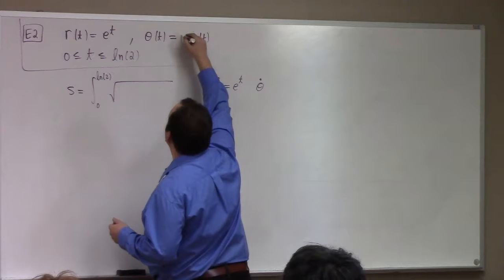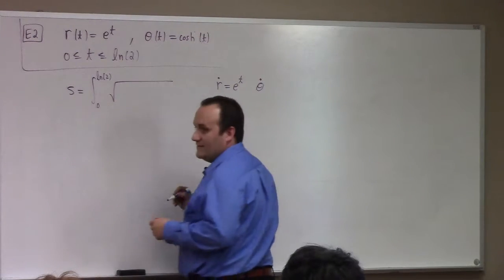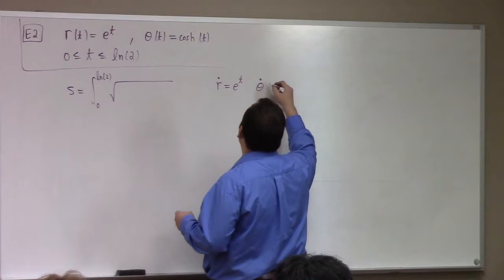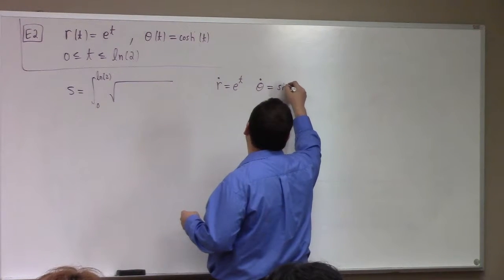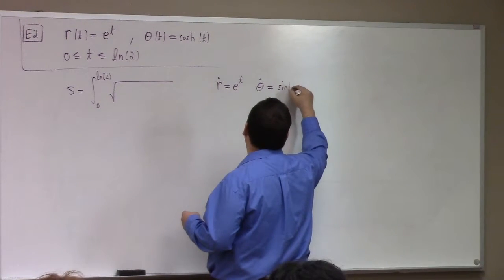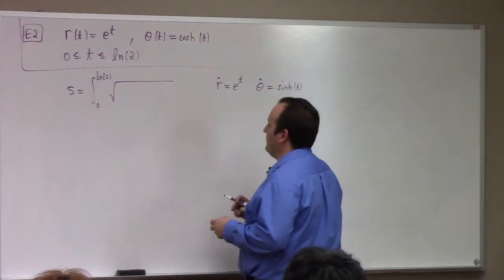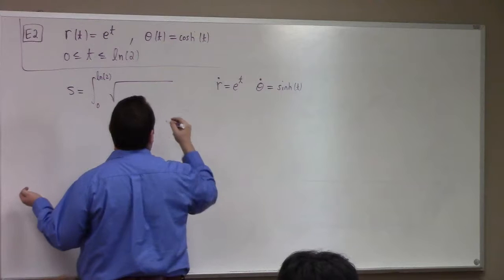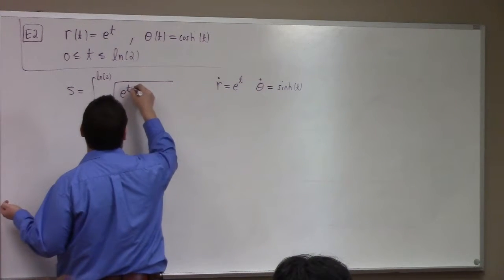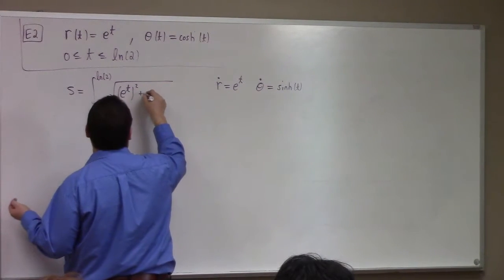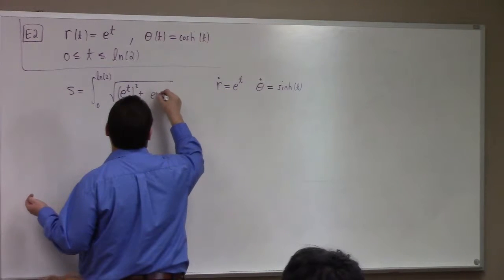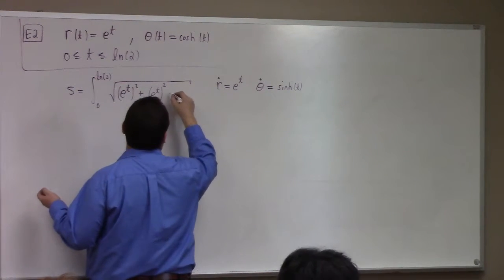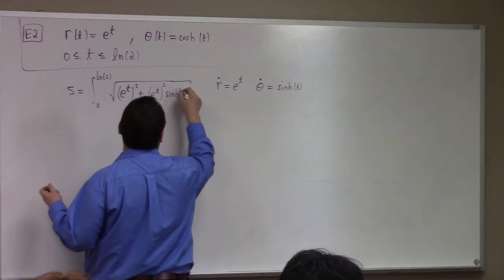Important. So theta dot is sinh t. Right? So when I look at r dot squared, I've got e to the t squared, and then r squared is e to the t squared, right? And then theta dot squared is sinh squared t, right?